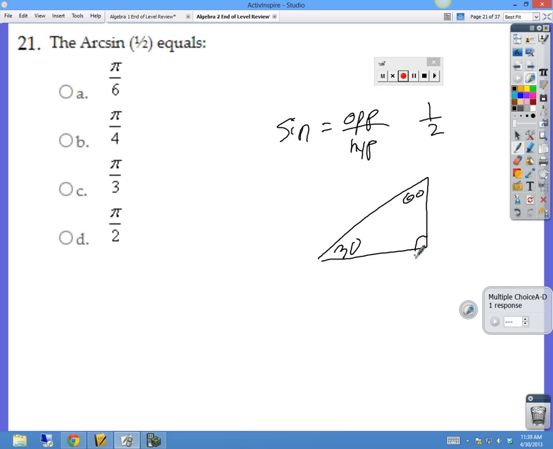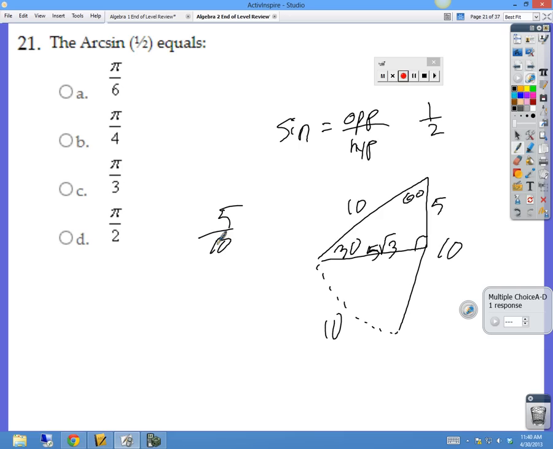You start making up your own dimensions. A 30-60-90, if I go 10, 10, 10, this is half, so that's going to be 5, and this is going to be 5 square roots of 3. Okay, the sine is going to give you 1/2. So it's going to be 5/10.